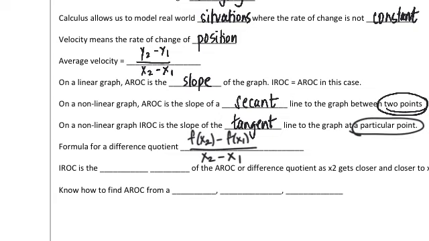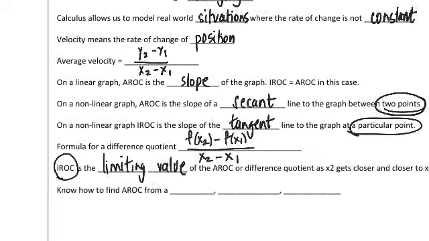And then, very important, the fundamental basis of calculus is this insight that the instantaneous rate of change, right? IROC means instantaneous, at a particular instant. That is the limit, or the limiting value, of the average rate of change, right?